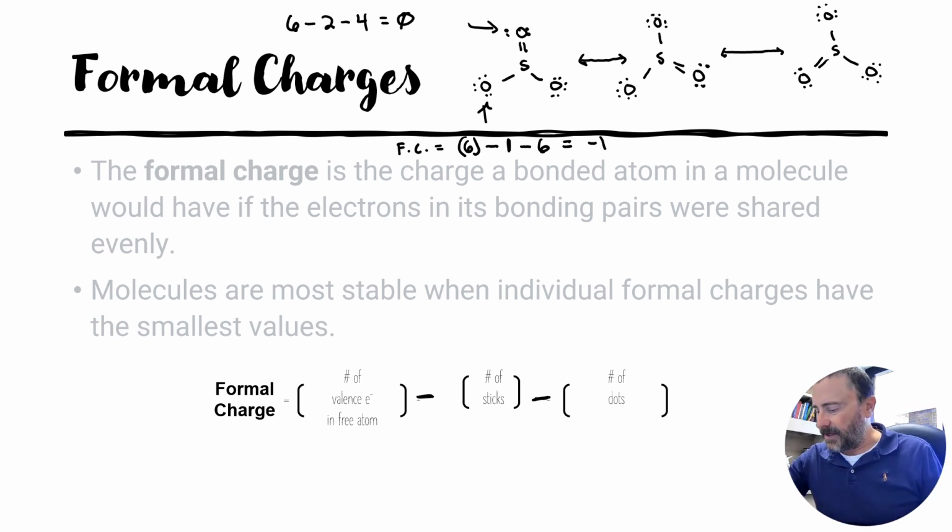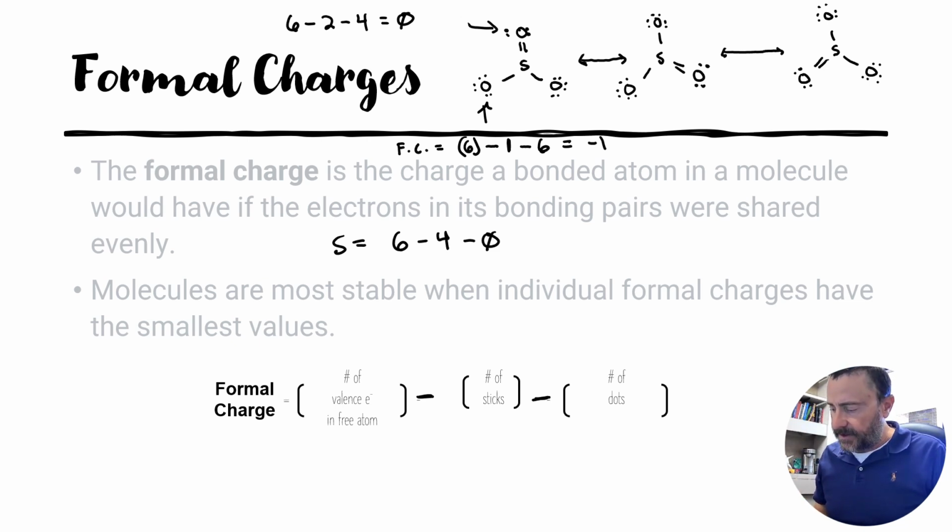So let's do the sulfur in that one. Sulfur has 6 valence electrons. The number of sticks around our sulfur is 4, and there are 0 dots. So sulfur is +2. And then the bottom right oxygen is the exact same as the bottom left oxygen because it has 1 stick and 6 dots around it, so it's also -1.